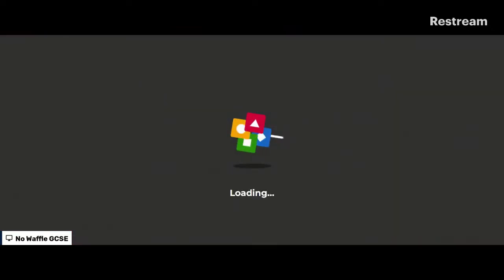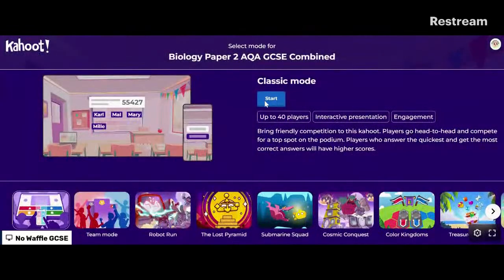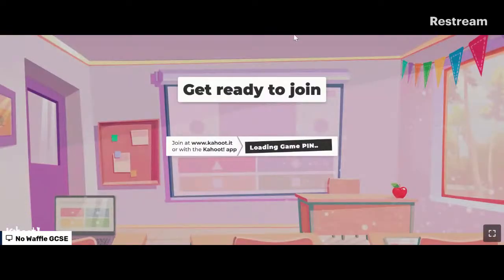Okay, so this is the combined one. For those of you who want to do combined, and I'll open up another triple for those of you more for triple.